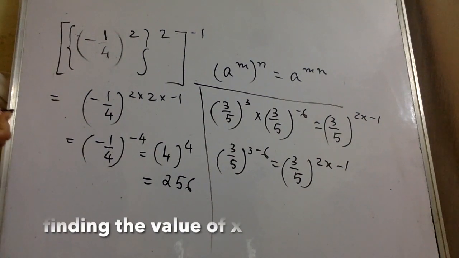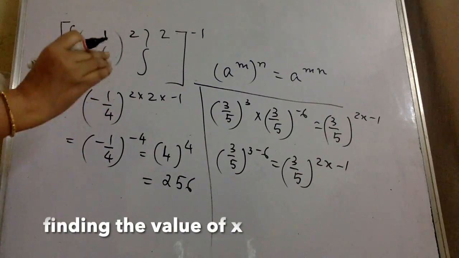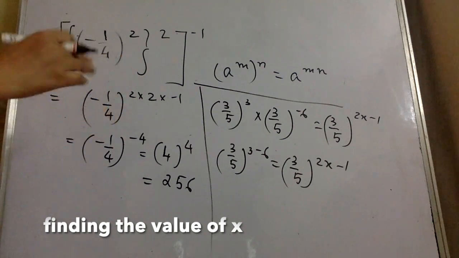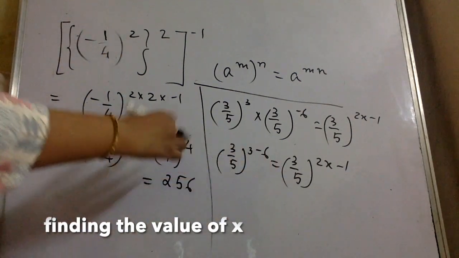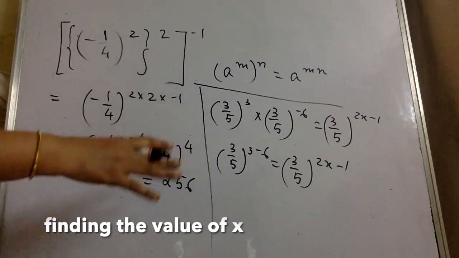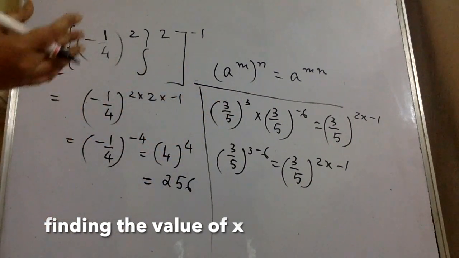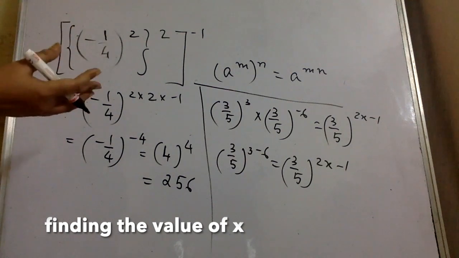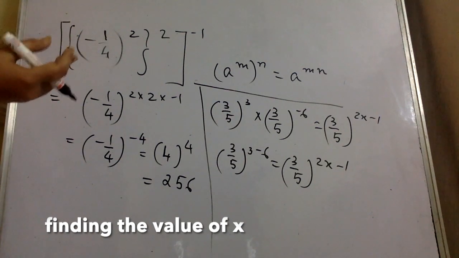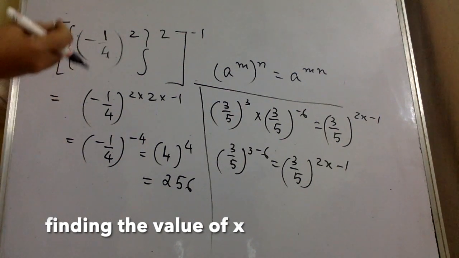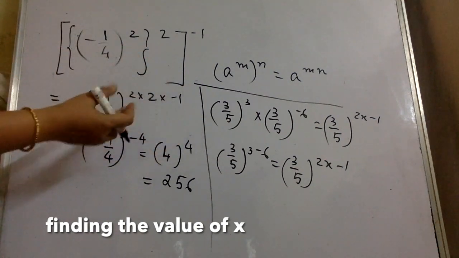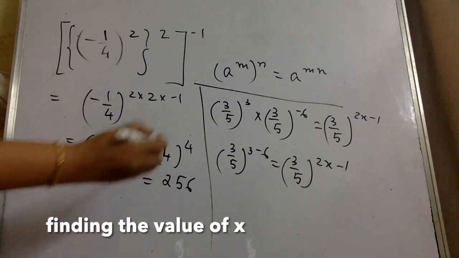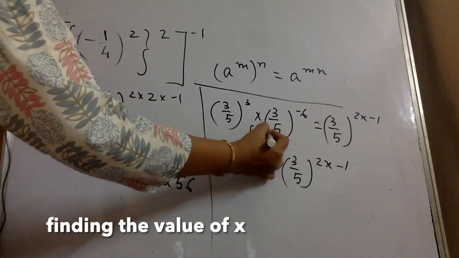You can note on both sides I have the bases same, the powers are in a different form. They have asked us to find the value of x in this question. Okay, so they are saying find x.